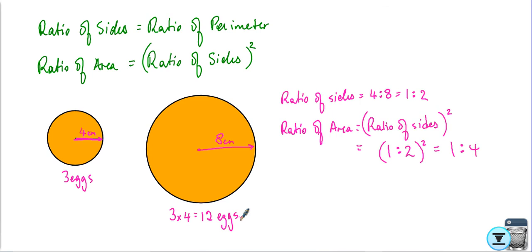Because you might say, look, the one is 4, the other is 8, so twice as much, so 3 eggs for the smaller one means 6 eggs for the larger one. That's a mistake, that's wrong, because we're comparing the areas, and the ratio of the area is the square of the ratio of the sides.